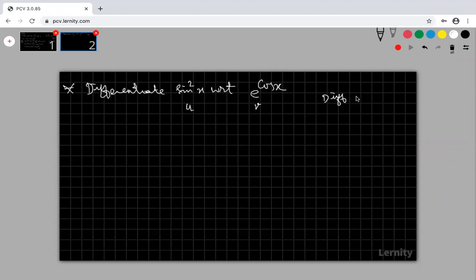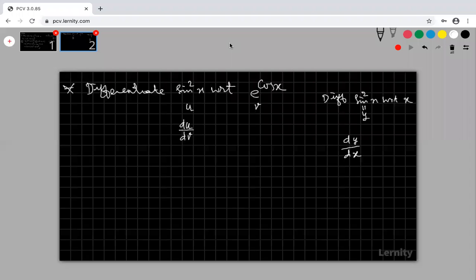Differentiation of y with respect to x is dy by dx. Similarly, if this is u and this is v, the derivative of this with respect to this is nothing but du by dv. Are you clear? We have to find du by dv.